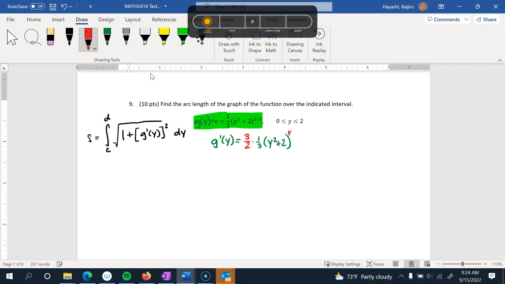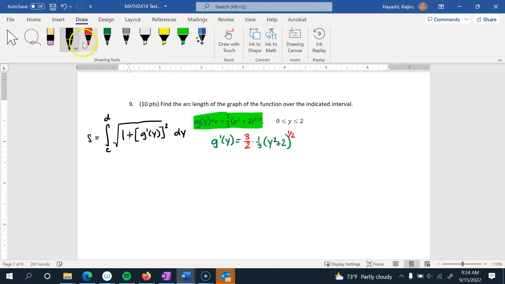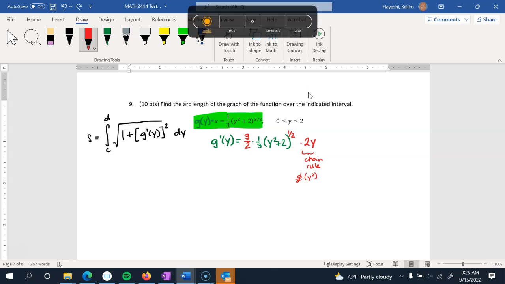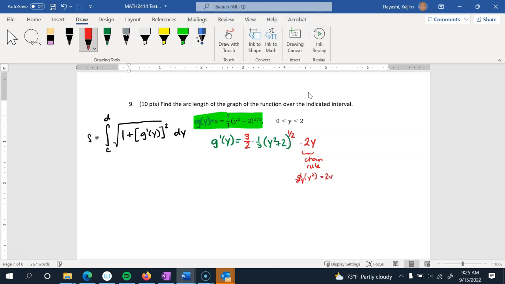So it becomes then a power of 1/2. And also, because of the chain rule, you're going to multiply at the end by 2y. Chain rule. Derivative with respect to y of y squared is 2y.